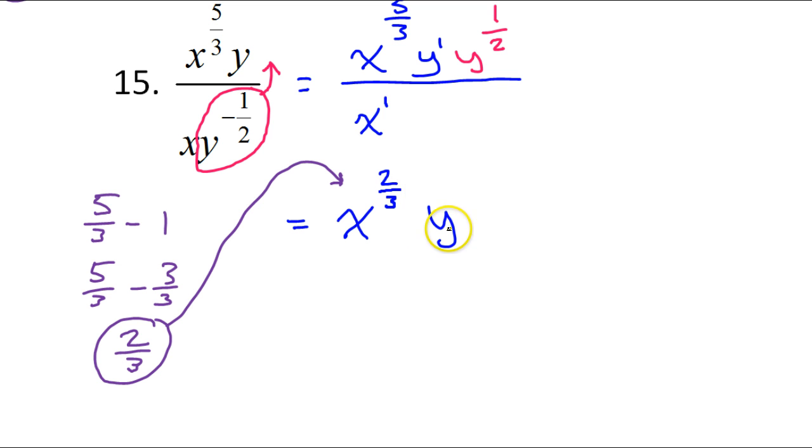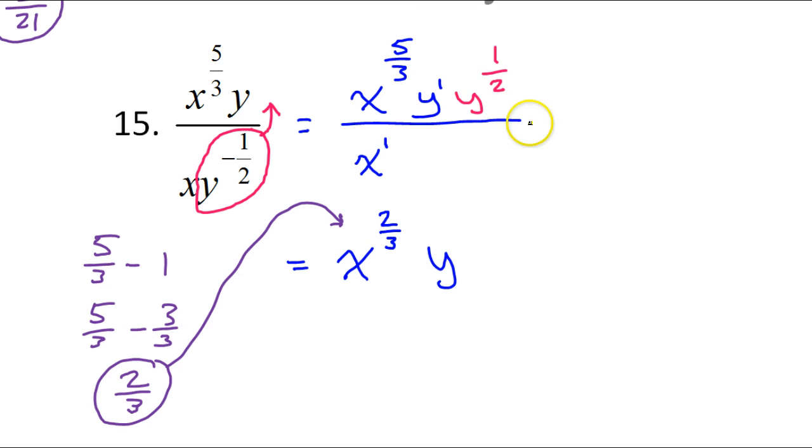All right, now let's do the y's. Here I have y to the 1 and y to the 1/2. What am I going to do with these exponents? I'm going to add. So I'm going to do 1 plus 1/2, because when you multiply, you add the exponents. So this is 2 over 2 plus 1 over 2, which is 3 over 2.